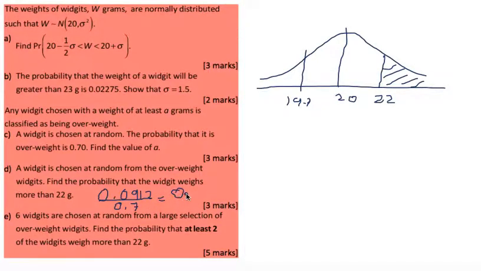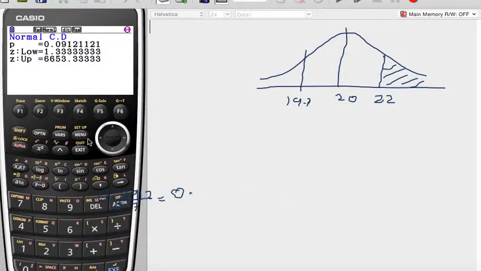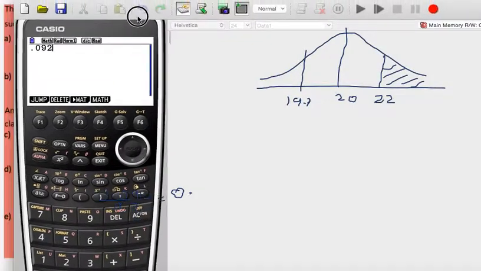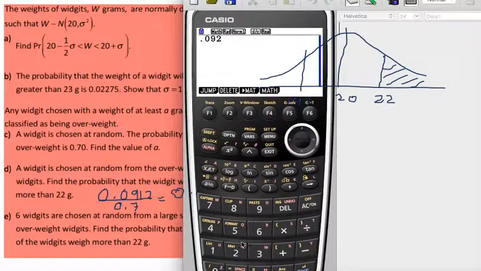Now that comes out as, we'll just double check this on the calculator, but I think it's 0.1303. 0.0912 divided by 0.7 is 0.1303. Okay.